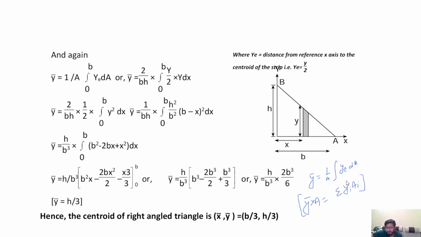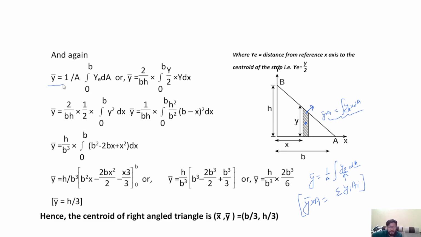Here y1, y2, y3 is ye, that means ye is the centroidal distance of this strip and dA is the area of that strip, and by integrating the product of ye and dA, this is equal to y bar times A. From here we derive the formula for y bar.